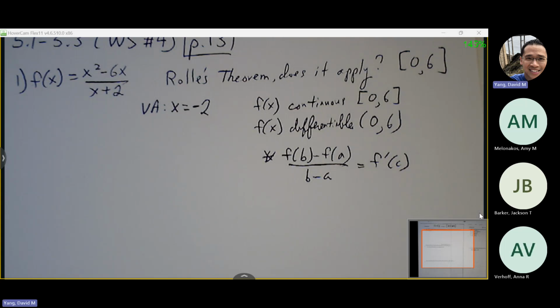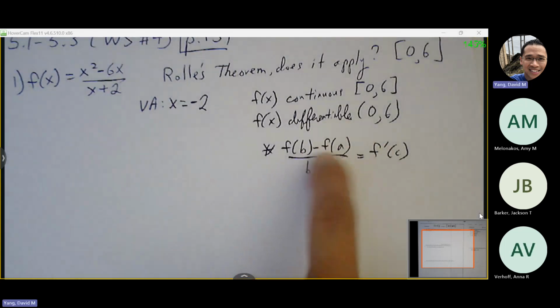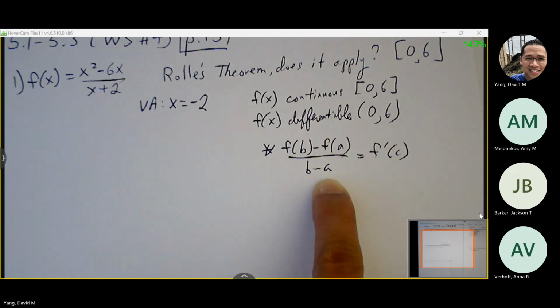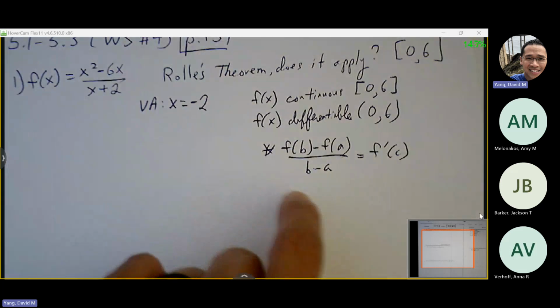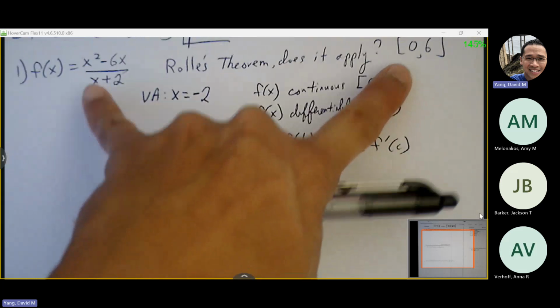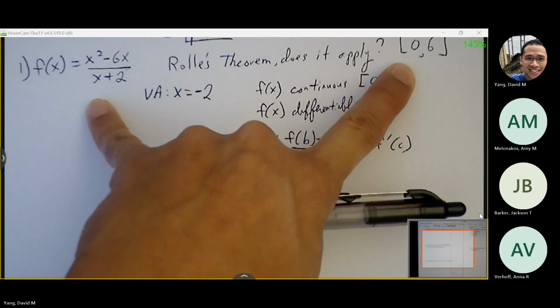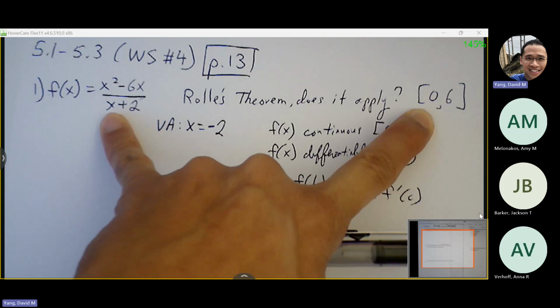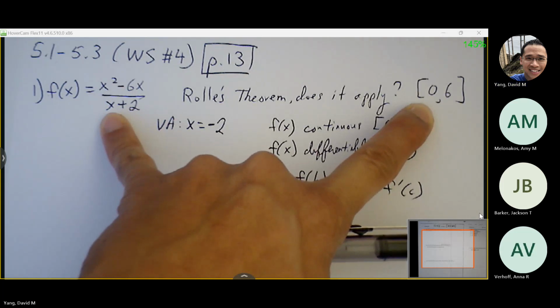Do it with that information and find the what? What is this? Slope. So no derivative, not yet. Let's get our slope information taken care of.